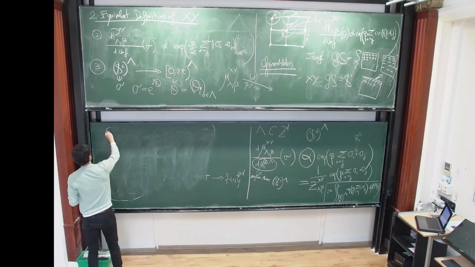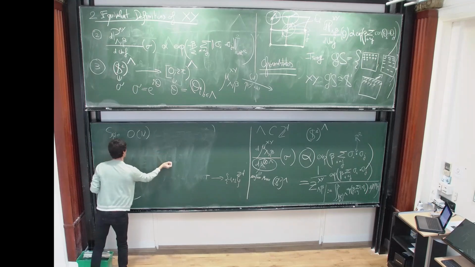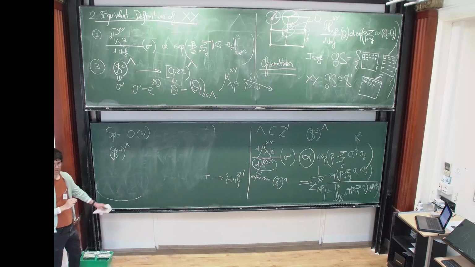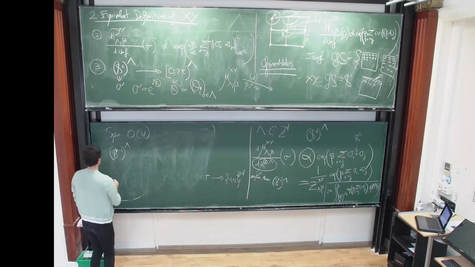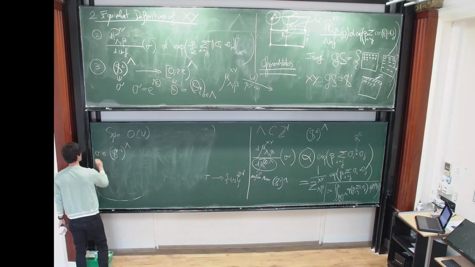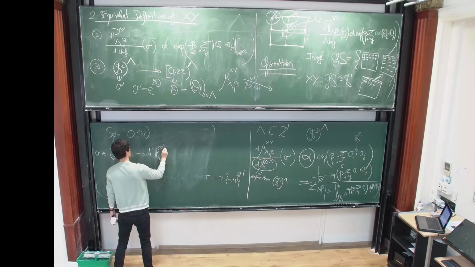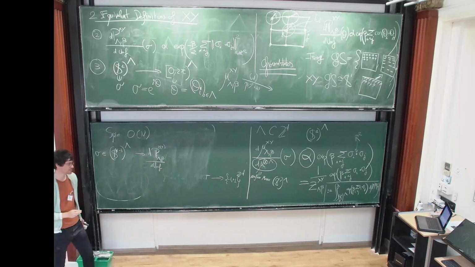So for the spin ON model, my state space will be S^(n-1) to the power lambda. The ON group is acting naturally on this state space. And each sigma which belongs to this, I will assign a weight. So there is a Radon-Nikodym derivative with respect to the uniform measure on these S^(n-1) spheres.